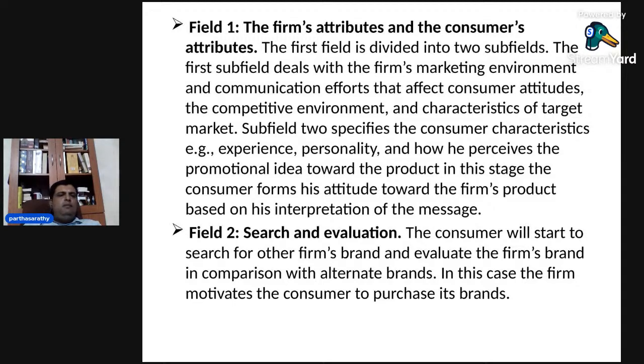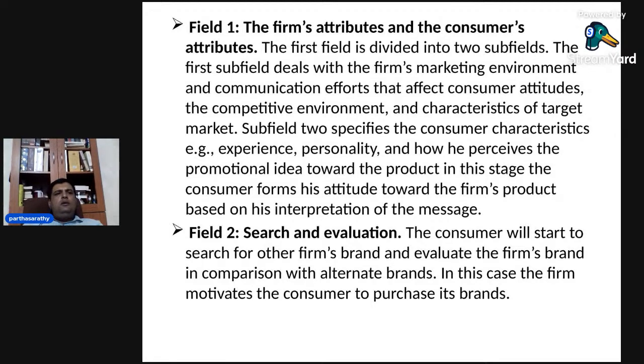Of course, what impact it has on his mental or psychological level. The consumer forms his attitude towards the firm's product based on the interpretation of the message. Once the message is sent, he will try to decode that information and give his own meaning and interpretation, involving a lot of things.